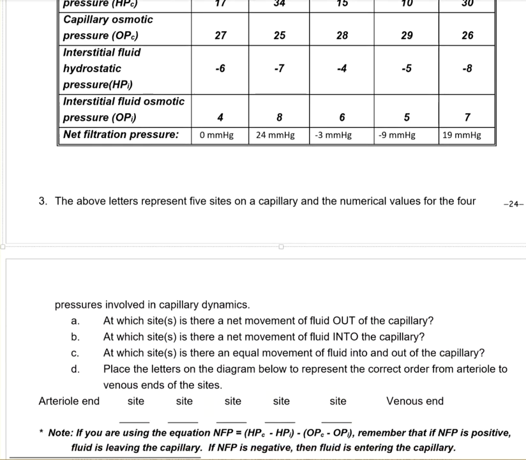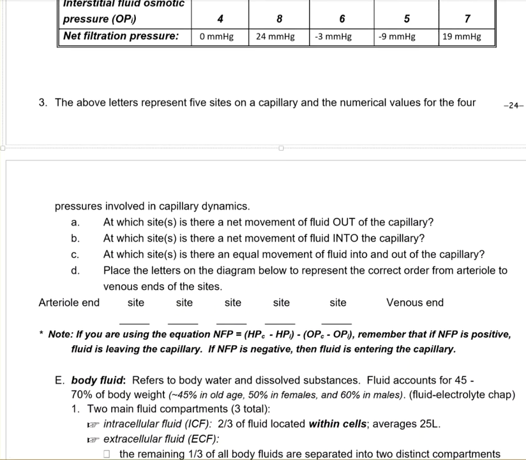Now we want to keep those numbers here. That's A. Remember, this one is A, B, C, D, E. So it says, at which sites is there a net movement of fluid out of the capillary? So when fluid's leaving, is it positive or negative or 0? It's positive. So in this case, it would be B and E, right?